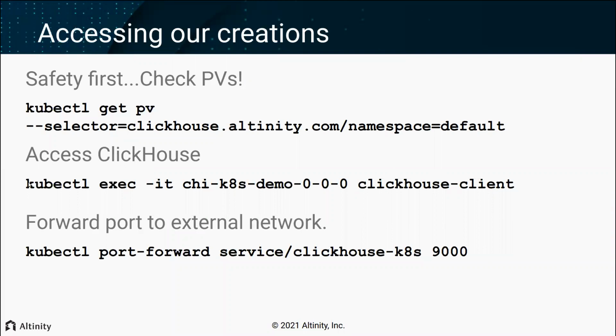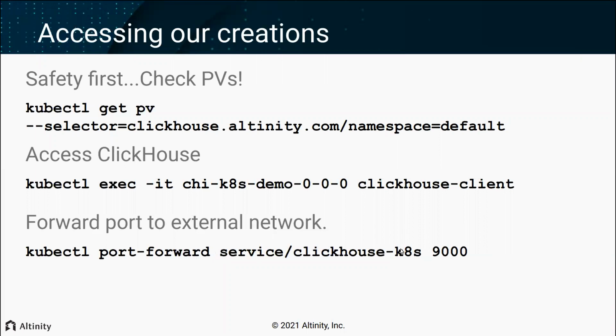Second thing is you can get into it quite easily. We'll show this shortly. You can just go ahead and use the kubectl exec command. That's a way of getting in and directly talking to one of the ClickHouse instances. And then finally, if you're using Minikube, what we commonly do is what's called port forwarding, where we just expose that service for ClickHouse.